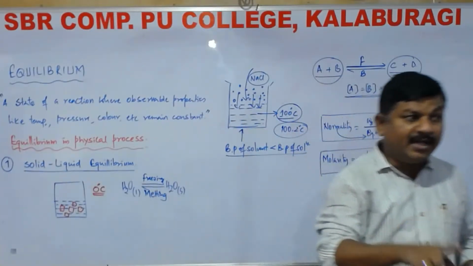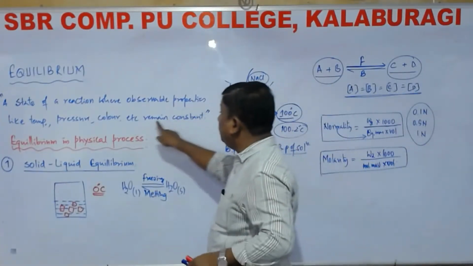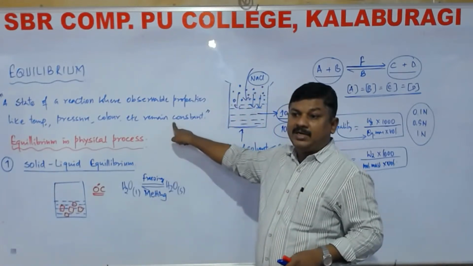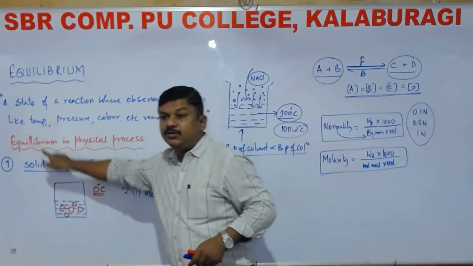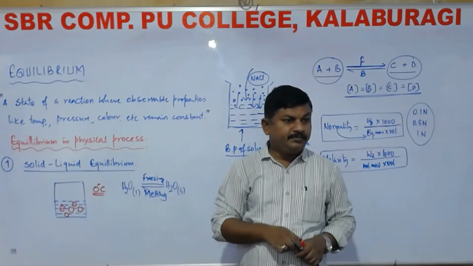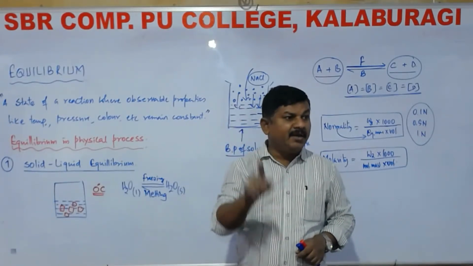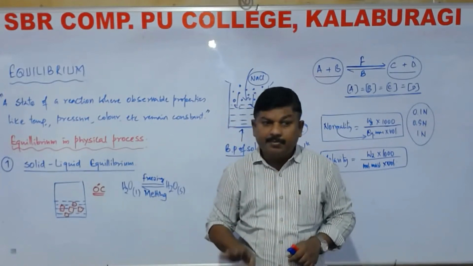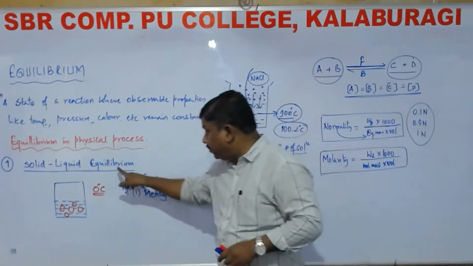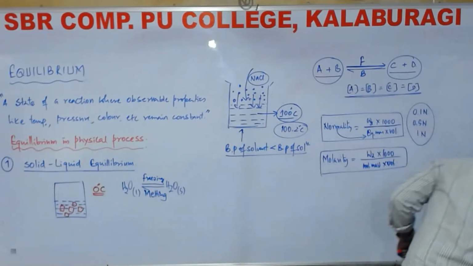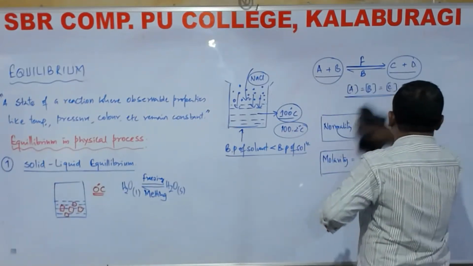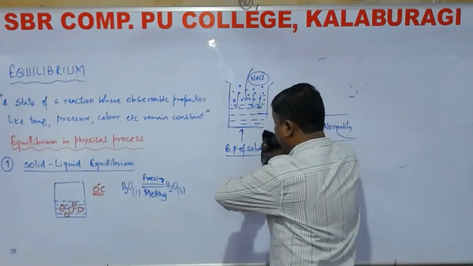But I have said that observable properties remain constant. Which one? Temperature remains constant. Wherever such properties remain constant, then only it is possible to attain the position of equilibrium. So one equilibrium is attained here between the liquid and the corresponding solid.